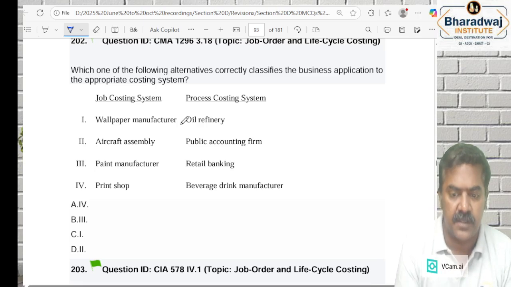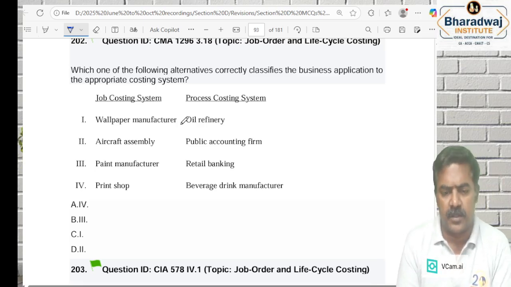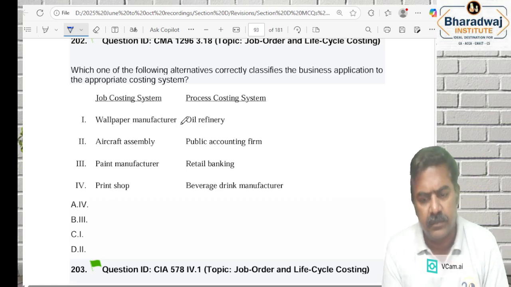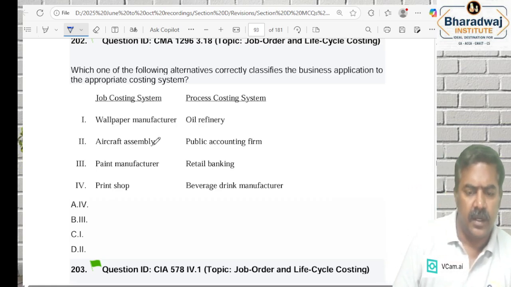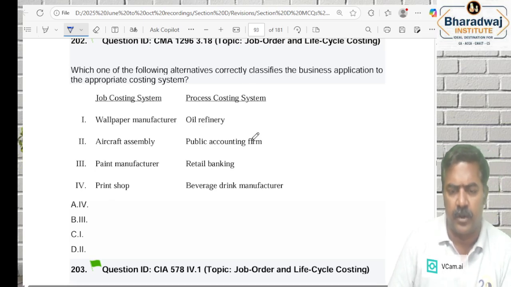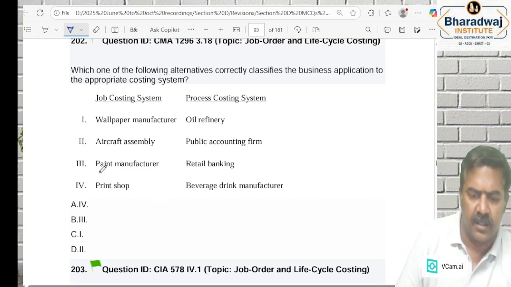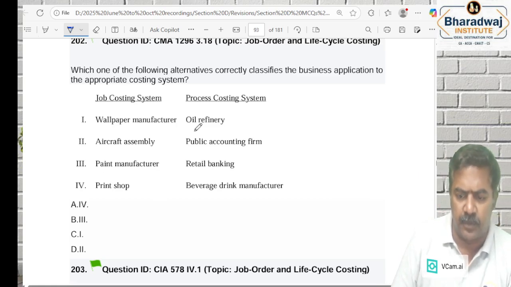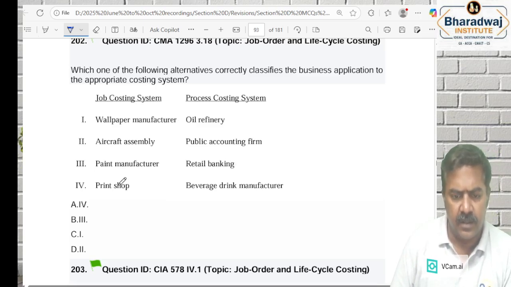Wallpaper manufacturers also follow process costing only. Aircraft assembly can be job costing, but process costing they don't follow. Public accounting firms also follow job costing. Paint manufacturers follow process costing. Retail banking, they follow service costing. I hope it is print shop.